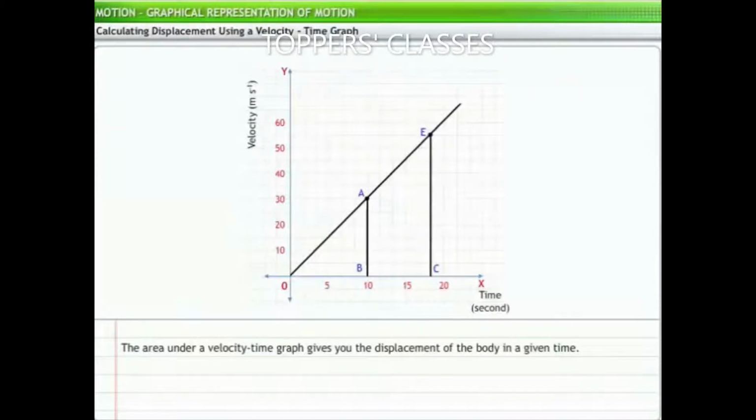From point A, draw a line parallel to the x-axis to intersect the line CE at D. The area under the velocity time graph between points A and E is the sum of the areas of the rectangle ABCD and the triangle ADE. Hence, the displacement is equal to S is equal to AB multiplied by BC plus half of AD multiplied by DE.